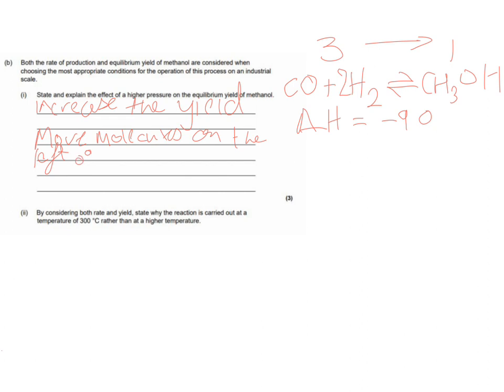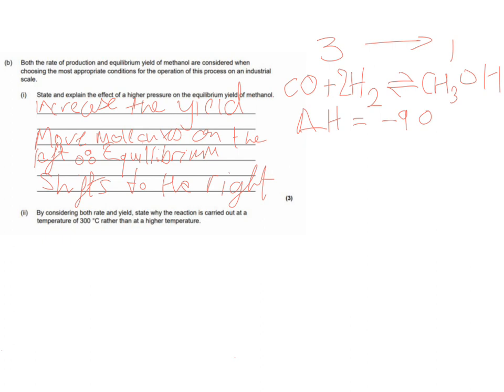So therefore equilibrium shifts to the right, and therefore towards the products, so our yield increases.